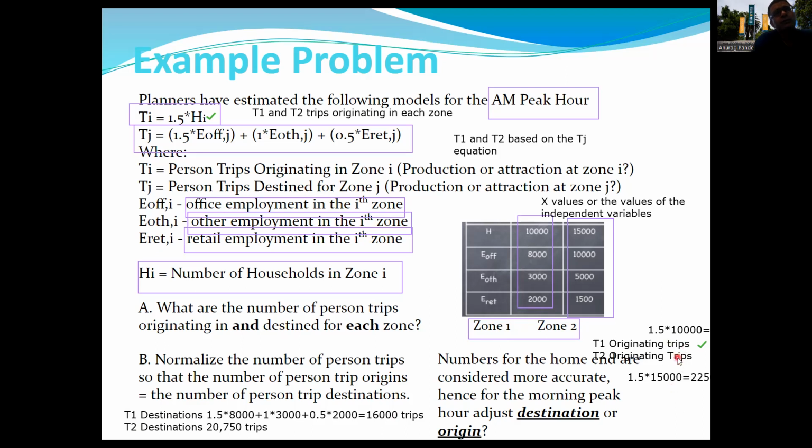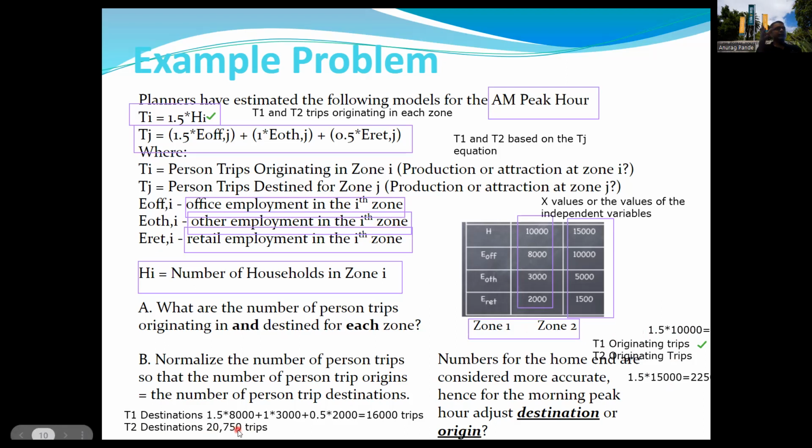One of these numbers is off, right? Because 15,000 trips are leaving zone 1, but T2 is the destination for 20,750 trips.